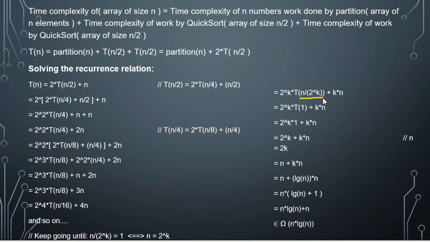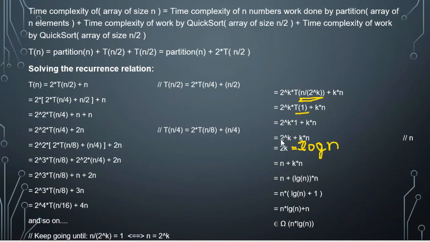So here the time complexity will be calculated as we have seen. This is a constant value, so we can exclude it because it's not important, and the remaining value will be 2 to the power k plus k multiplied by n. Then we have to find the value of k. What is the value of k? k has the value log n.